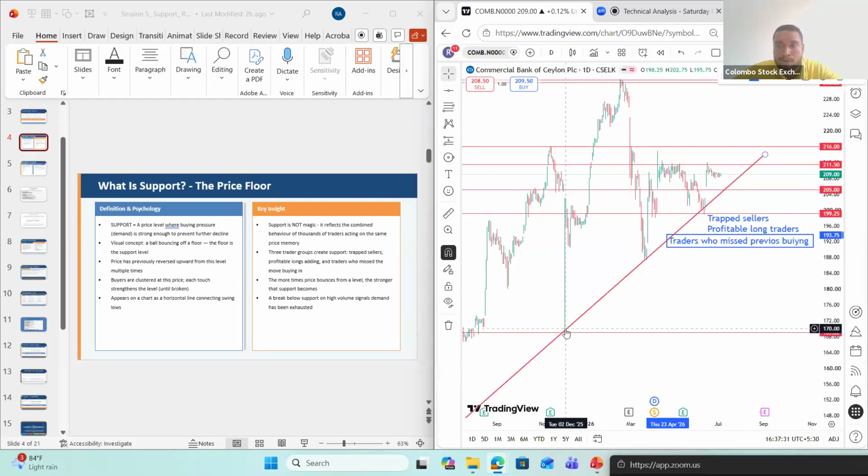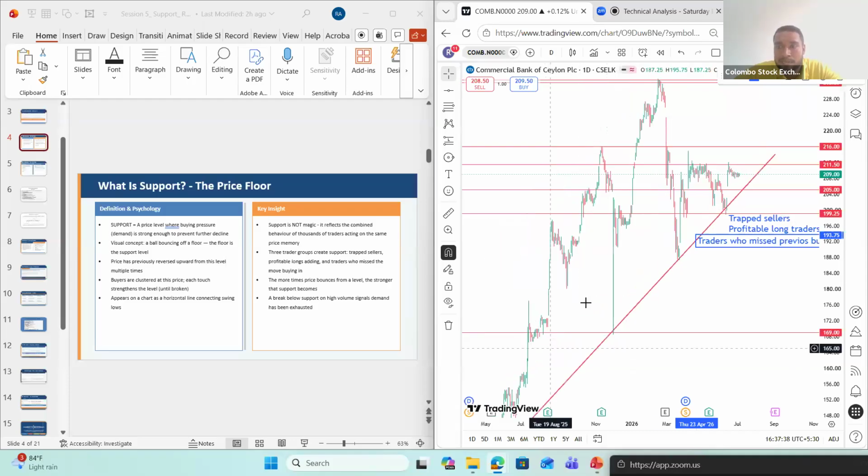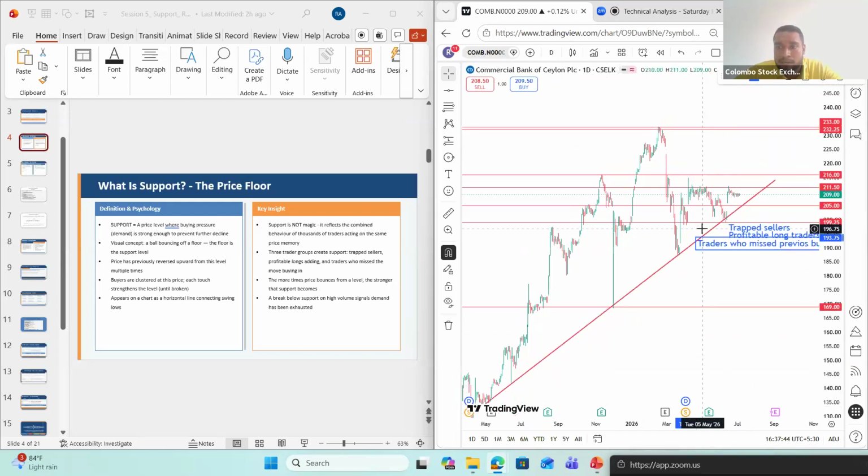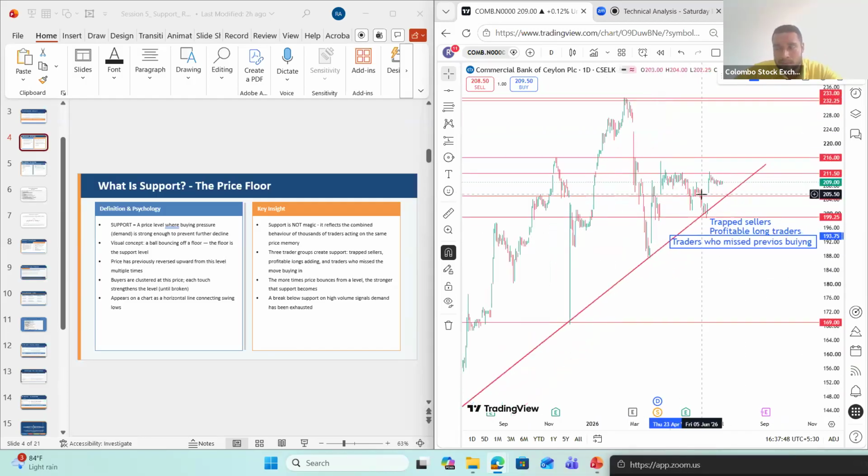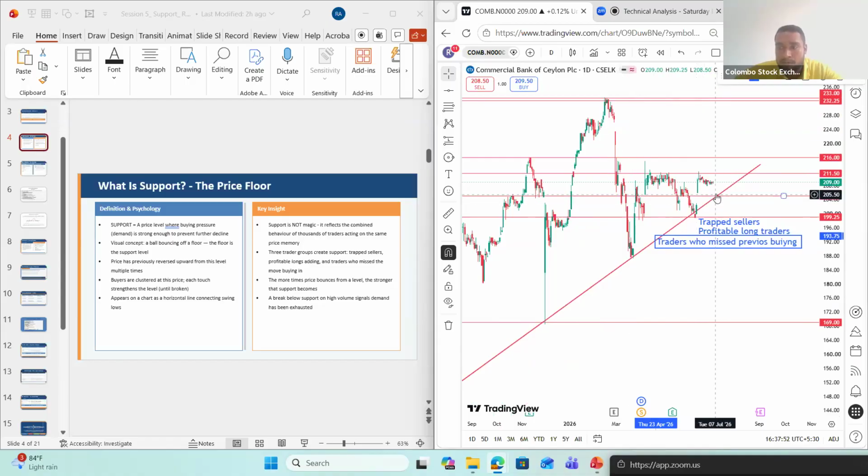There's another trader who missed that opportunity and is entering the market now. They see this massive movement and this trend line, and they see that the price is still in an uptrend, right? So they might also try to enter at a lower price level, at this trend line level, right? That also creates another buying pressure from another type of trader.